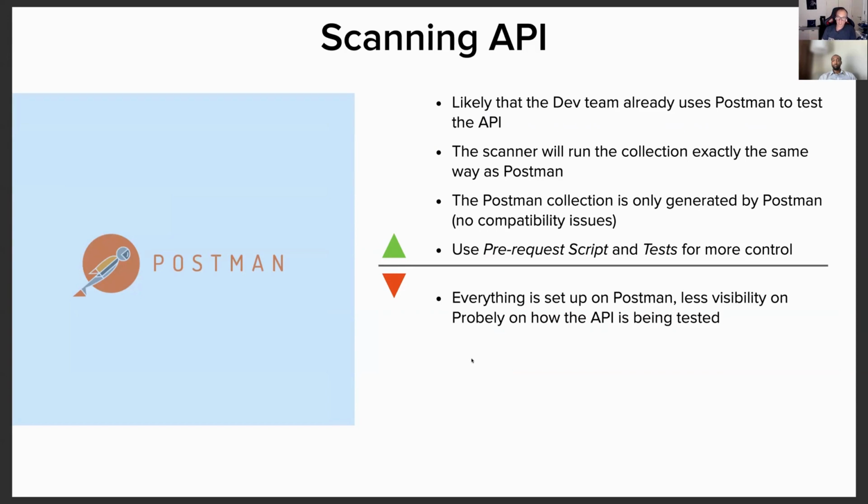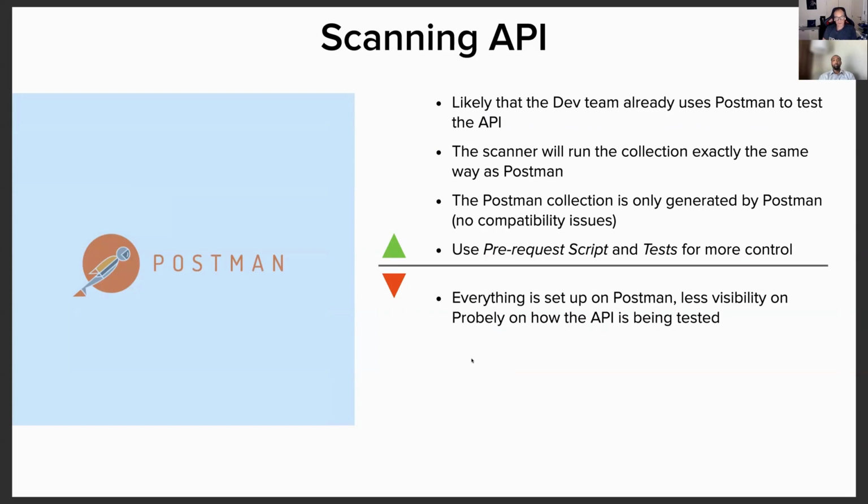Another advantage is that Postman includes pre-request scripts and tests, which give you more control over the API itself. We're going to see these in the demo part in a few minutes.